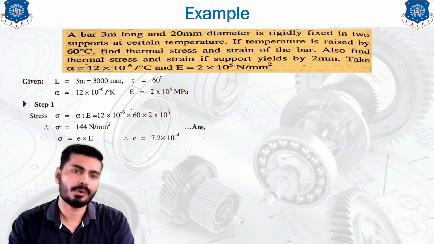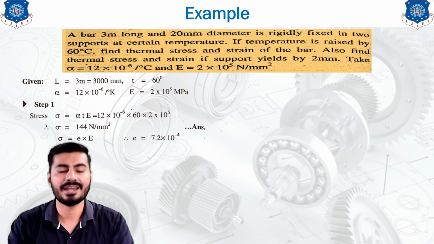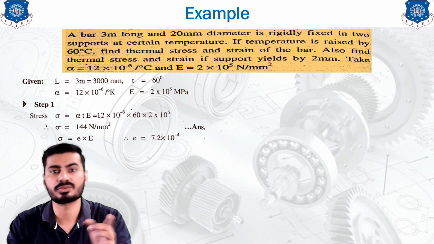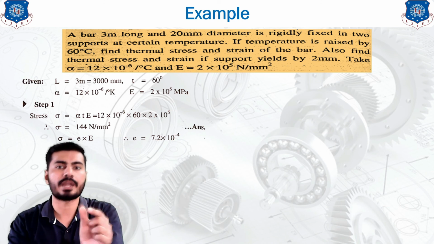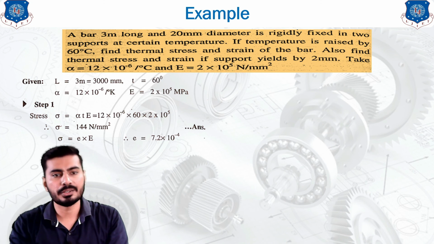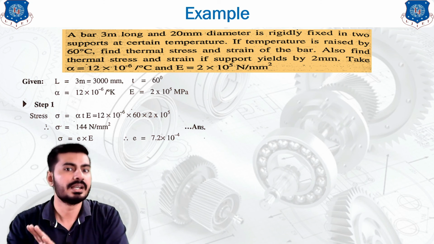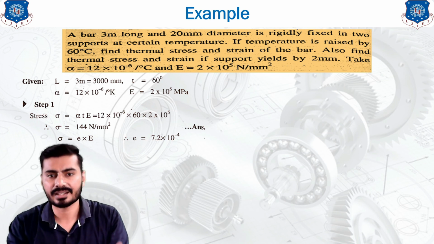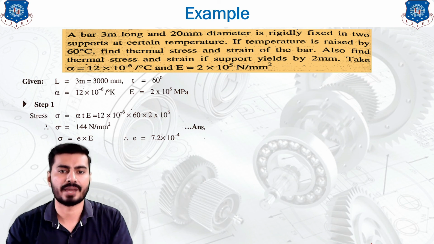Now if you want to find the thermal strain, then thermal strain and stress have a relation, which is sigma equals small e, the thermal strain, into capital E, the Young's modulus. The Young's modulus is also given, and as you can see, there is only one unknown in this equation, that is small e, the thermal strain, and that can be written as 7.2 into 10 raised to minus 4.